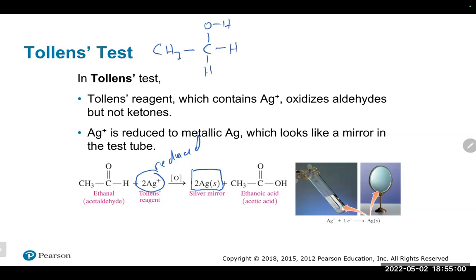We take our primary alcohol, and remember that when we put it through an oxidation, we lose H2, which is the H off of here and the H off of here. Just like what we just did, we make a double bond between the carbon and the oxygen, and that gives us our aldehyde group.